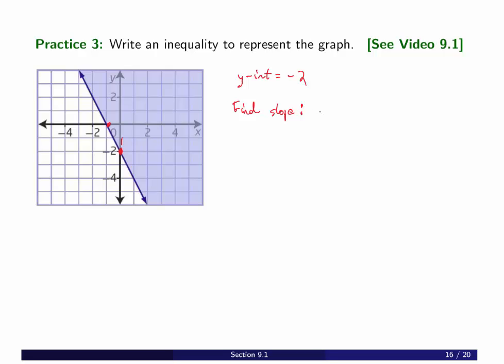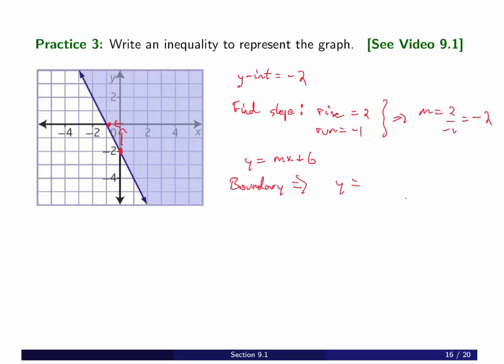So here we go. Rise equals 2. The run is -1, right? Because you're going left, you're going up 2 over 1. Therefore, m is equal to rise over run, 2 over -1, which is equal to -2. And you are pretty much done. Because remember, y equals mx plus b, so the boundary must be y equals -2x minus 2.